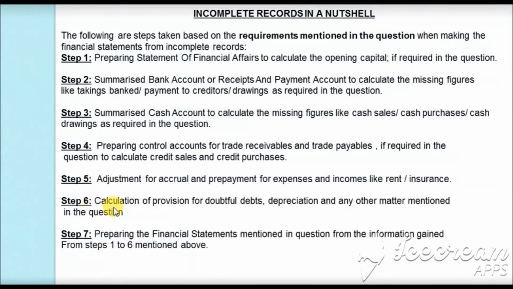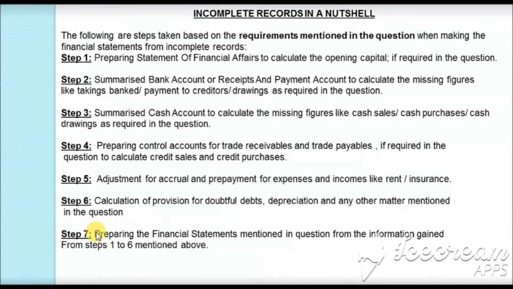And in the 6th step, we calculate the provision for doubtful debts if it is required, or we calculate the depreciation, and mostly in incomplete records we calculate the depreciation based on the revaluation method, and if something else is mentioned, for that also we do the calculation before proceeding to make the financial statements.